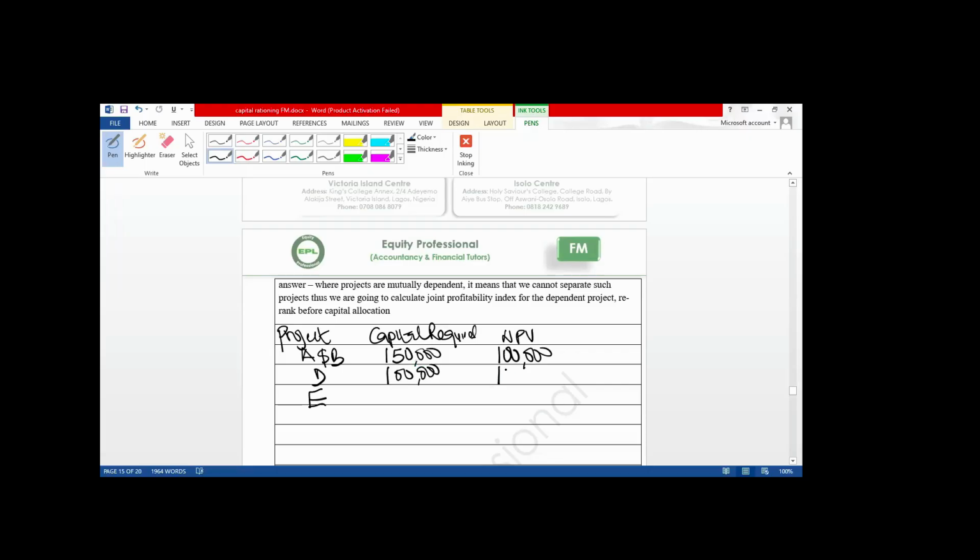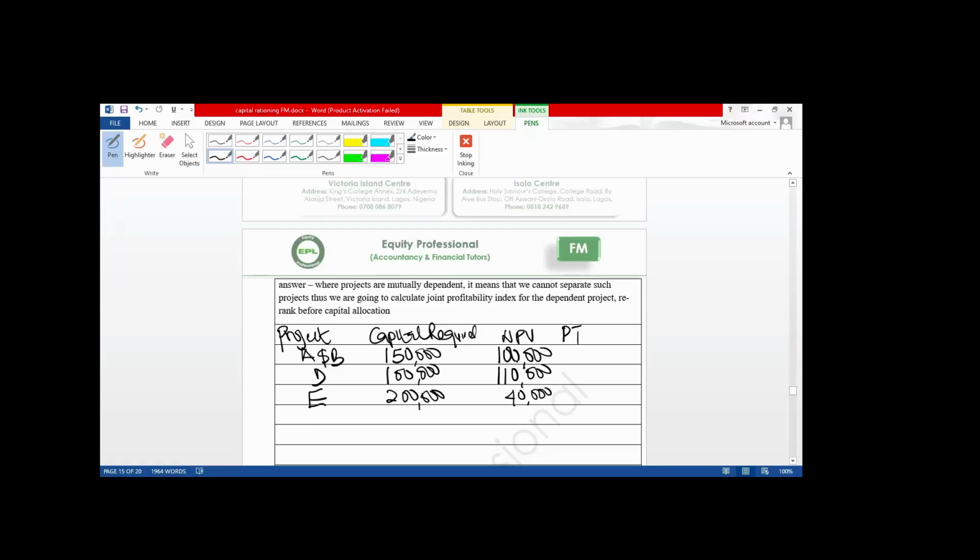NPV, 110,000. Capital required for project E, 200,000. NPV of project E, 40,000. Please recompute profitability index.